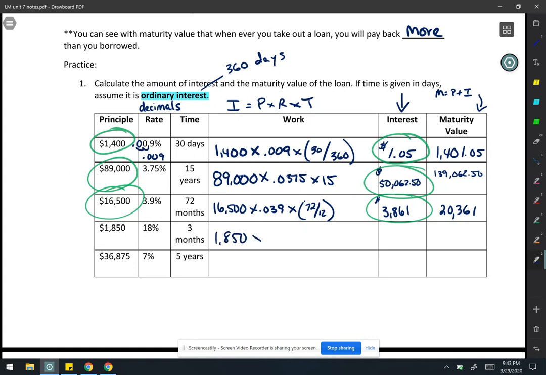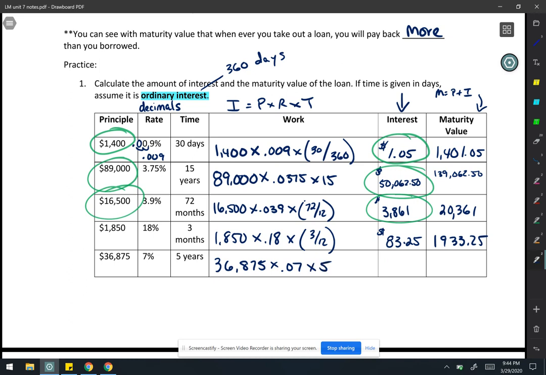Okay, 1,850 times 0.18 times 3 over 12 gives us 83.25. 83.25 added back to the principal gives us 1,933.25. And our last question, 36,875 times 0.07 times 5.